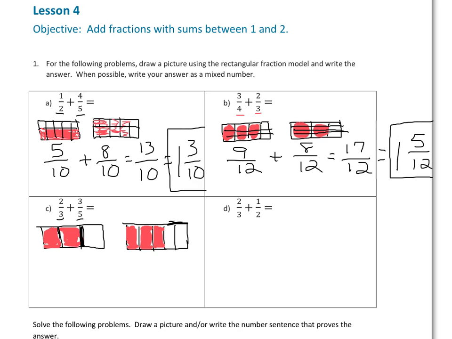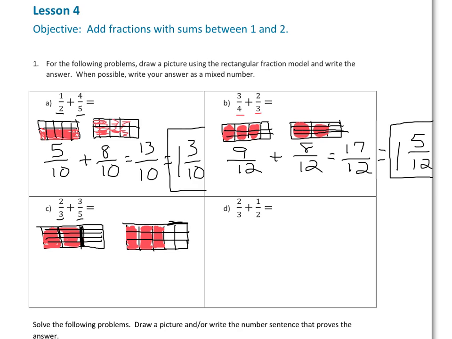Starting with 2/3, I can draw some lines across here. And now I have 15 boxes. Over on 3/5, I already have 5 boxes, so I just need to add a few lines across here. 1, 2, and now I have 15 pieces there.